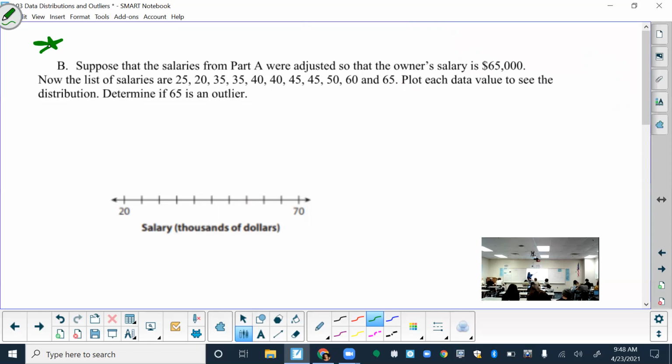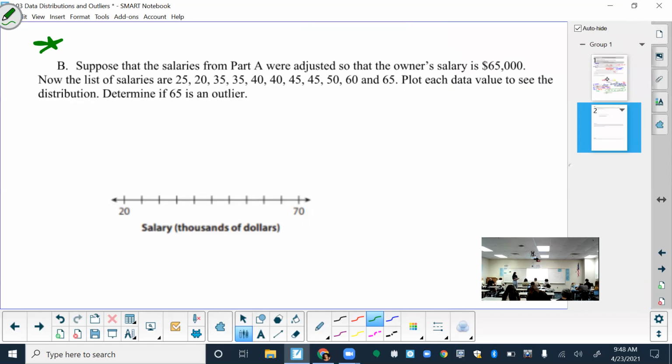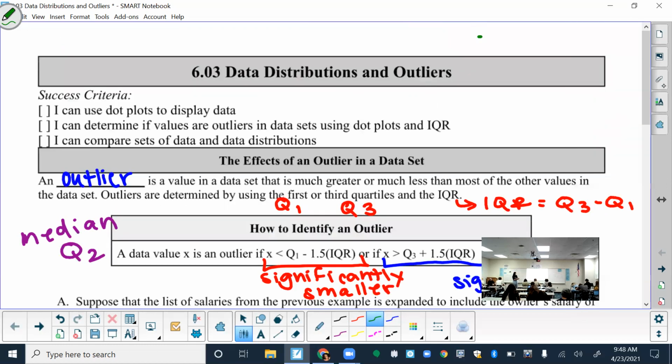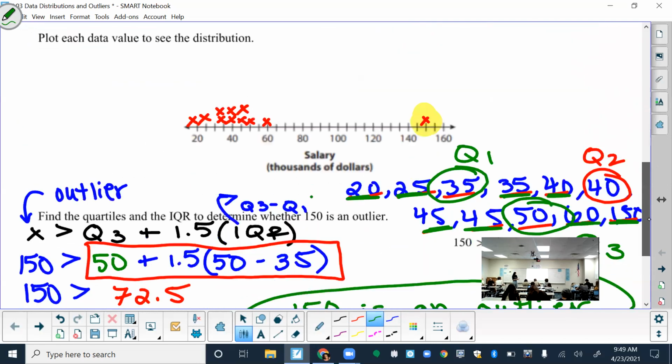So now we're seeing if 65 is an outlier. So what formula are you using for that one? The one for the bigger numbers or the smaller numbers? The bigger numbers. All right, so the same one that we did. So I'm going to go back to the first page so you have a reference where you're completing part B as your turn.